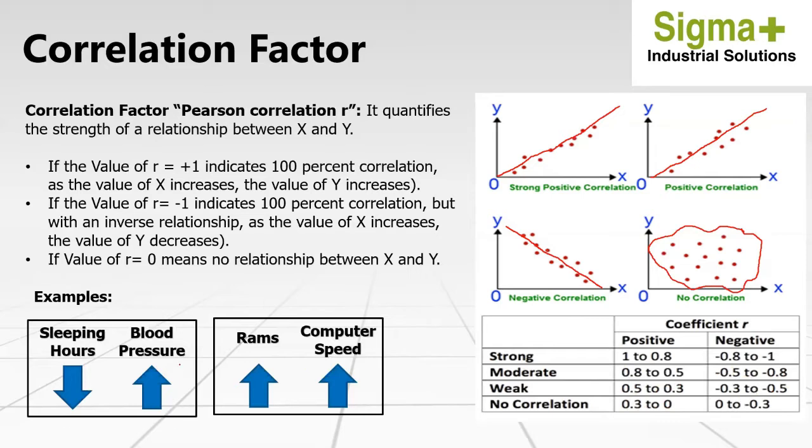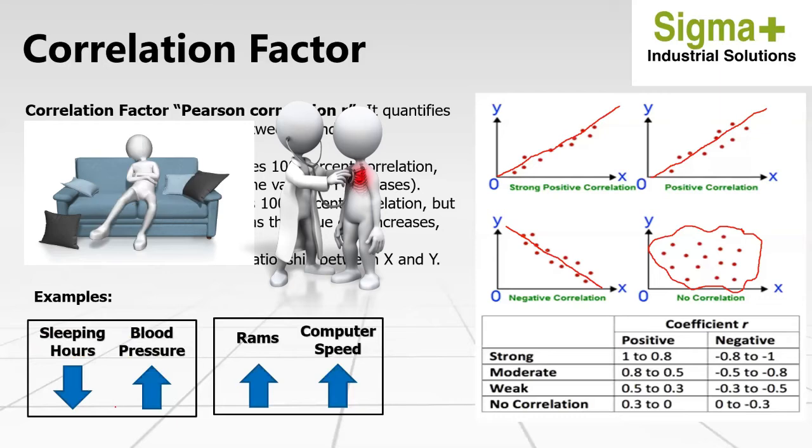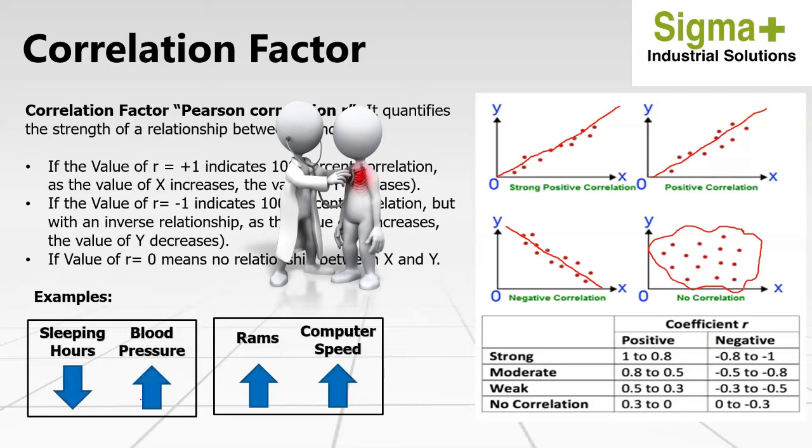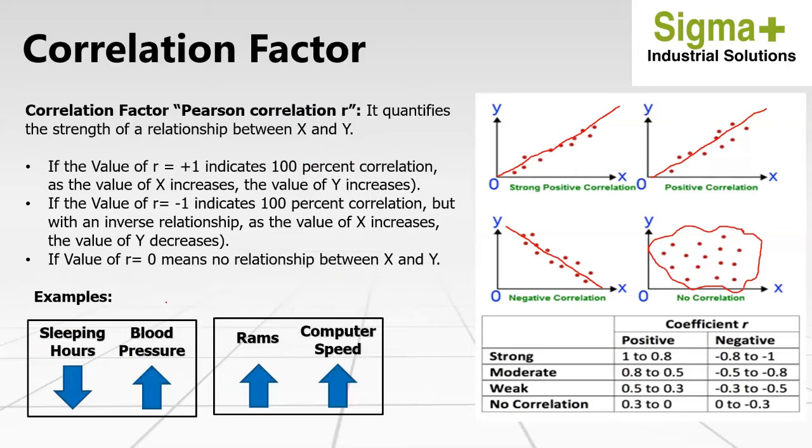As examples for the correlation, if we look at the sleeping hours and the blood pressure, we might have an inverse correlation. The fewer hours we sleep, the higher the blood pressure might be.